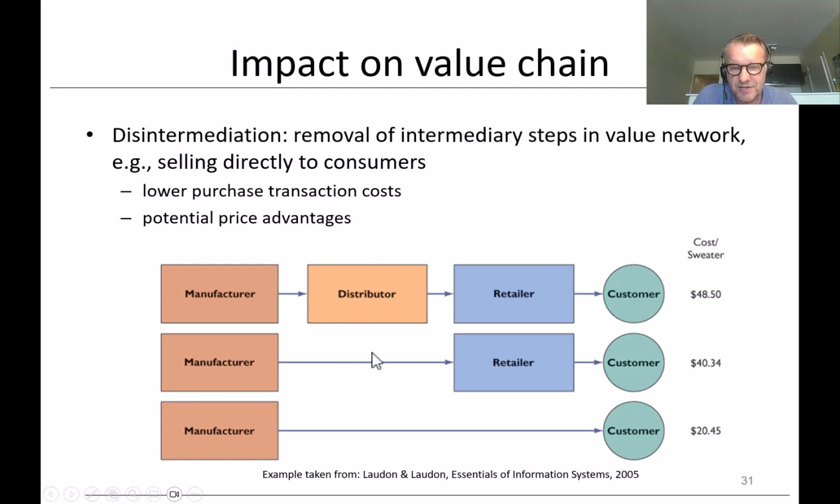So get rid of the distributor first, and then actually it can get rid of the distributor and the retailer, resulting in significant cost savings. Instead of $48.50, now it's $20.45. So disintermediation is the removal of these intermediate steps in the value network by selling directly to consumers, which will result in lower purchase costs and potential price advantages.